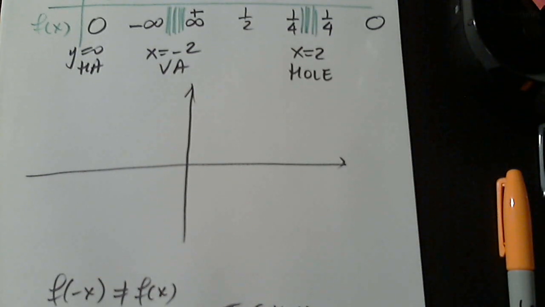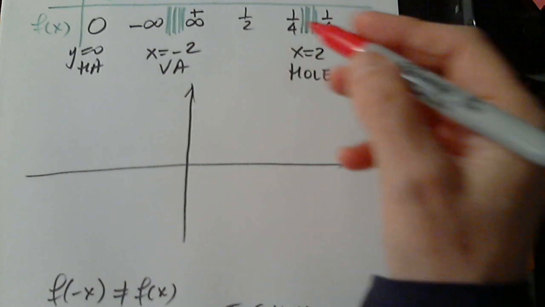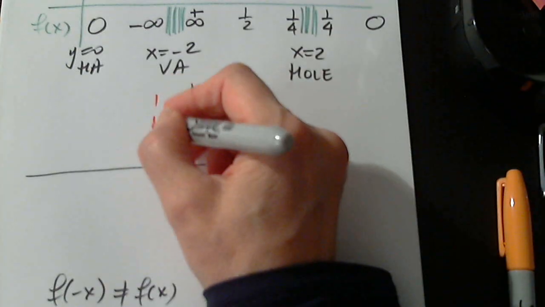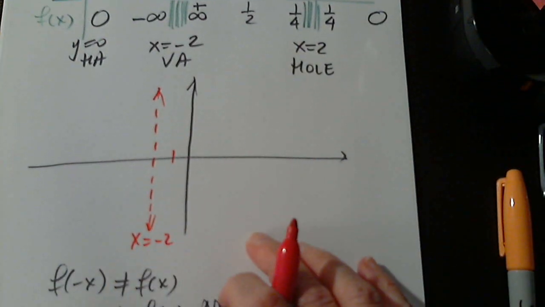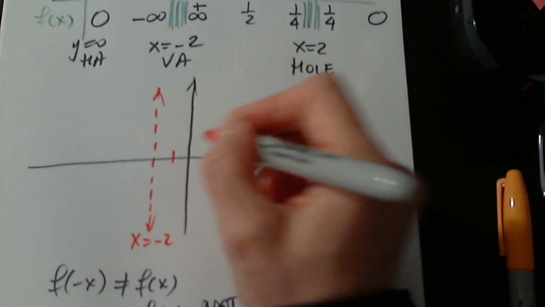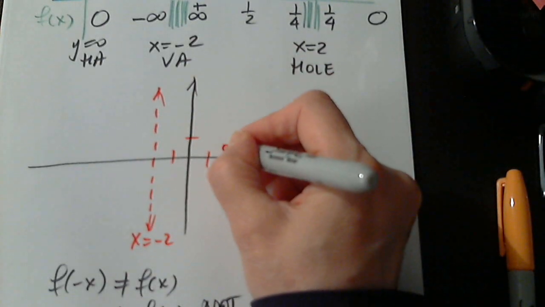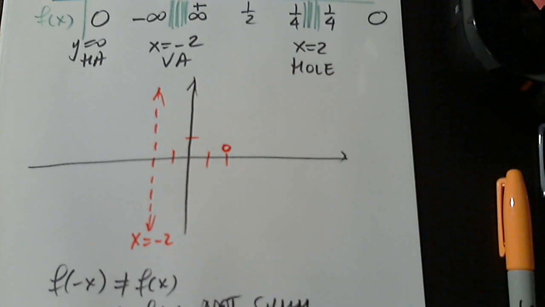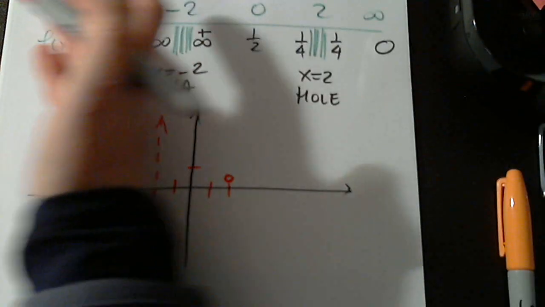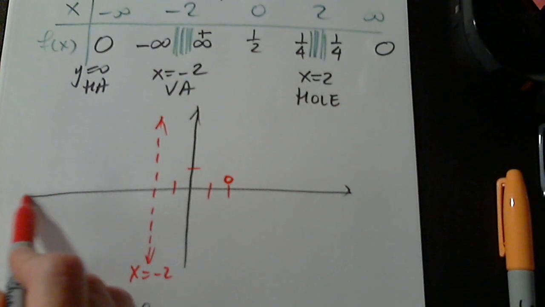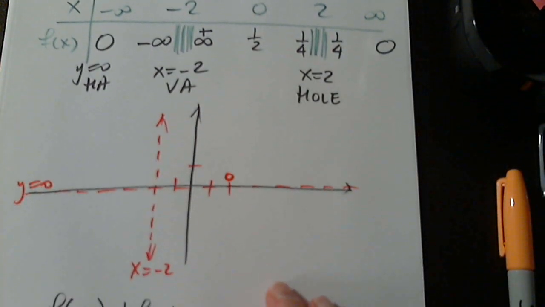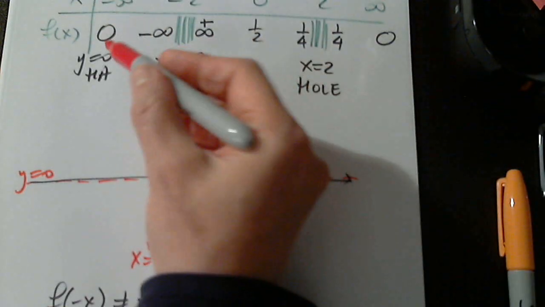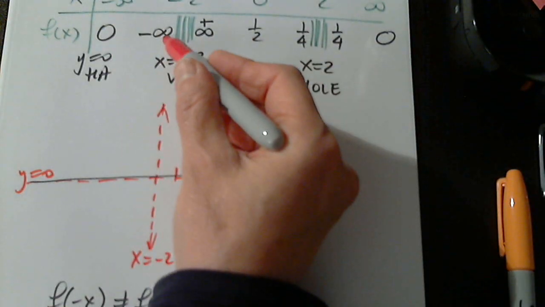Now, I start with a vertical asymptote at negative 2. I continue with a hole at 2, so I don't forget. And now I read from left to right. From, of course, this is an overkill, because it's there, but I should put it in. From approaching 0, dropping to negative infinity.